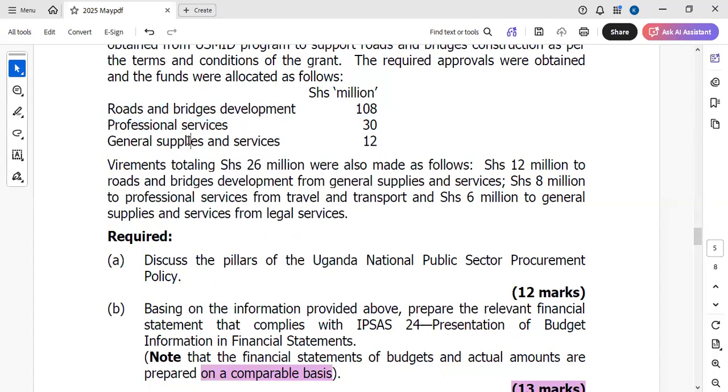That is virement. We transfer money from one expenditure item to another expenditure item. It really doesn't affect your overall budget because you had allocated the money in one of your expenditure items and you're transferring it to another.